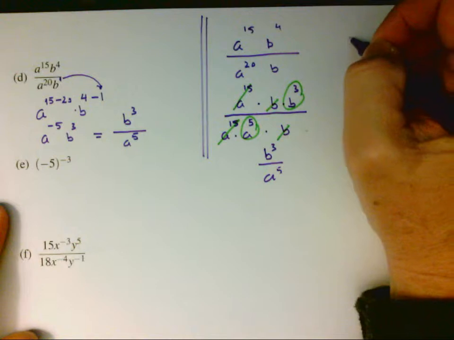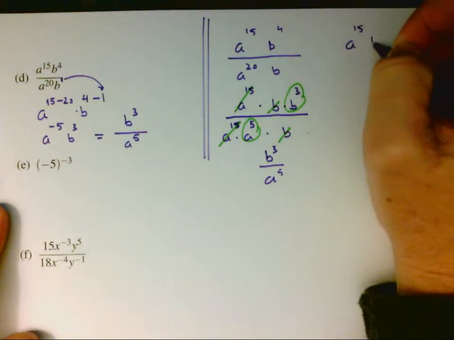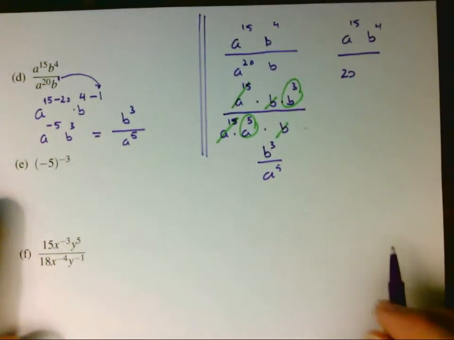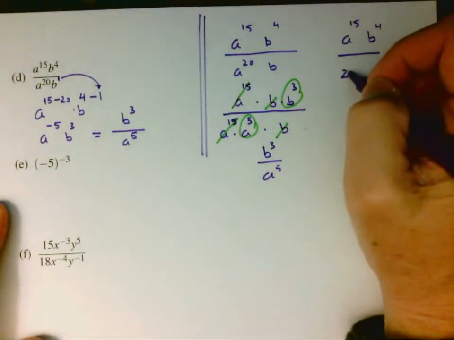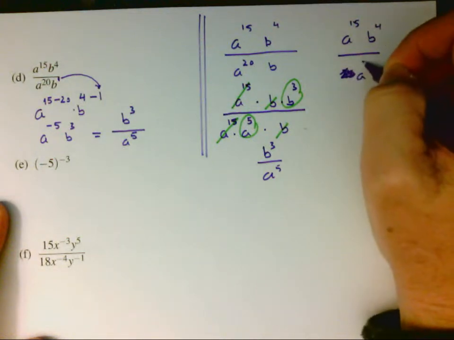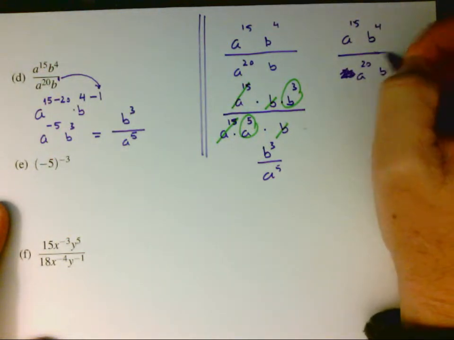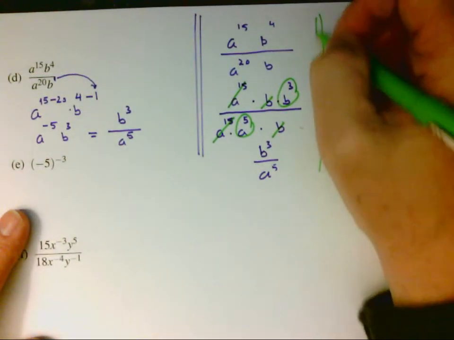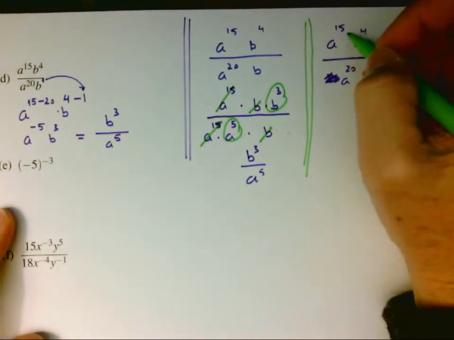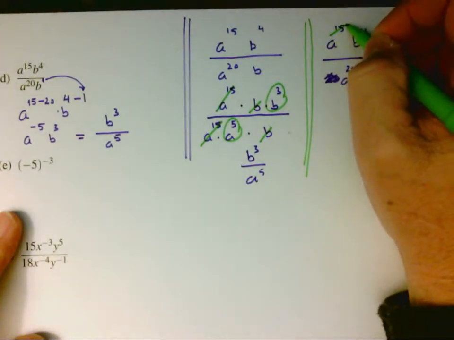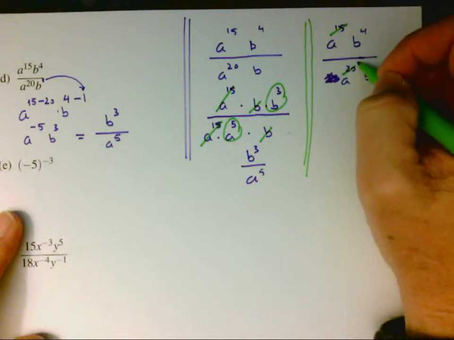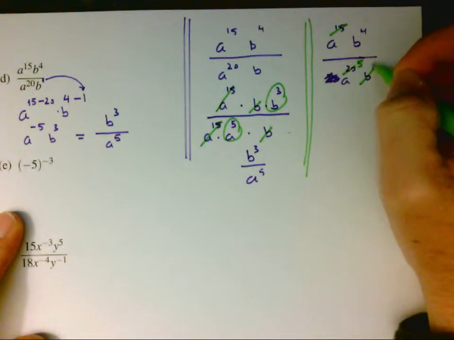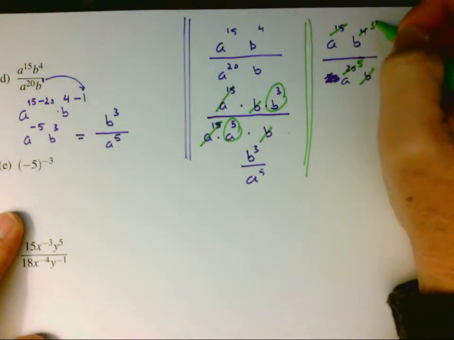Normally what we do is this: a to the 15th, b to the 4th. We can do a little bit of a shortcut that's safe, provided we write the problem down correctly. So we can do this problem by saying we'll take off 15 copies of A from both of these and leave a 5 here. We'll take 1 copy of B off here and leave a 3.